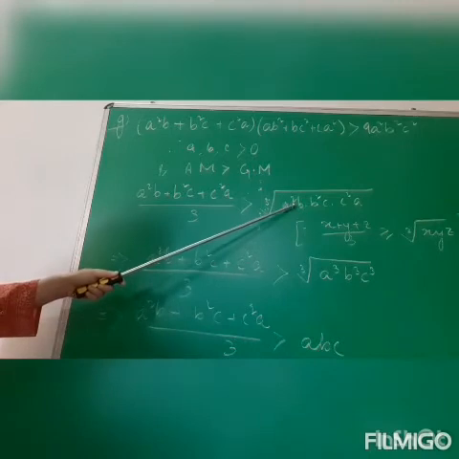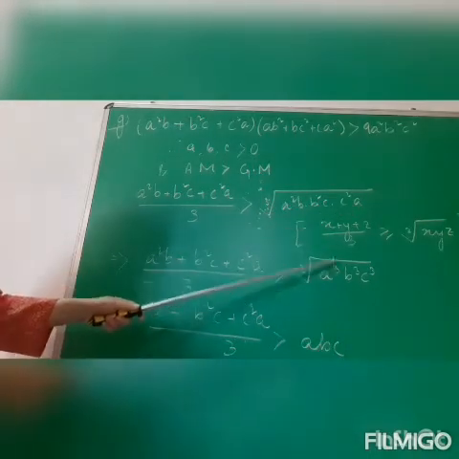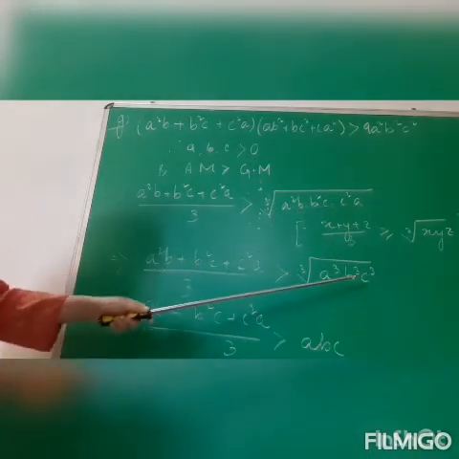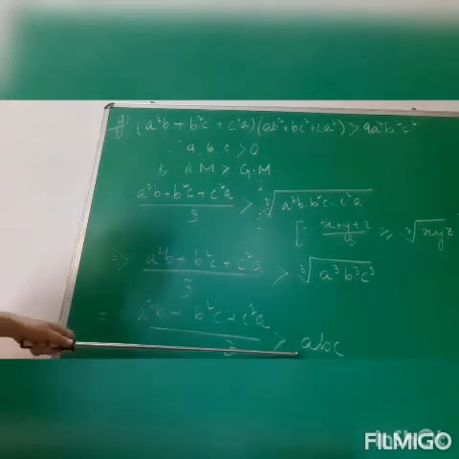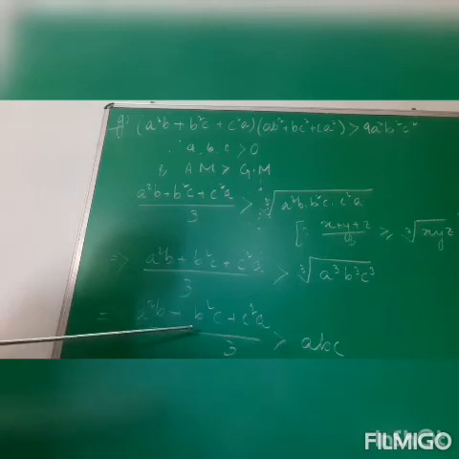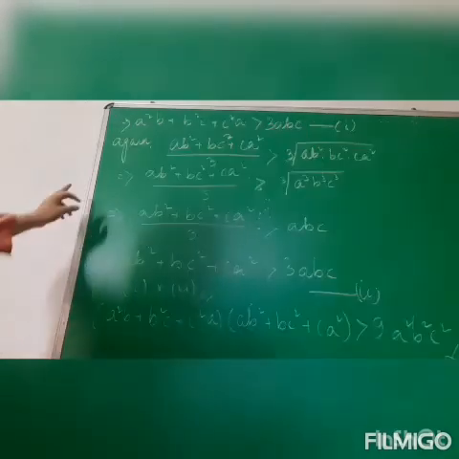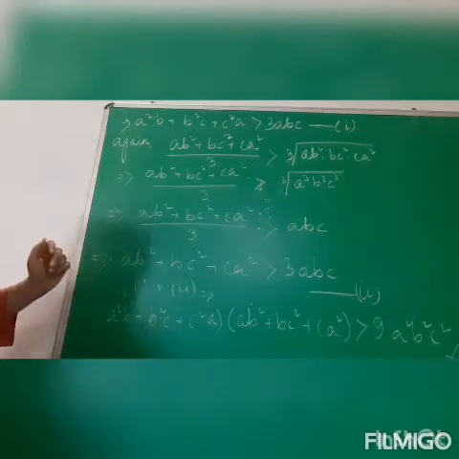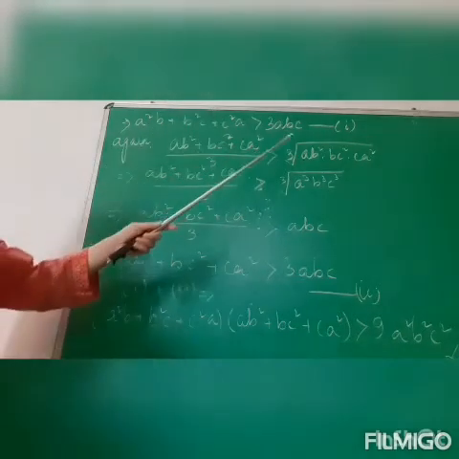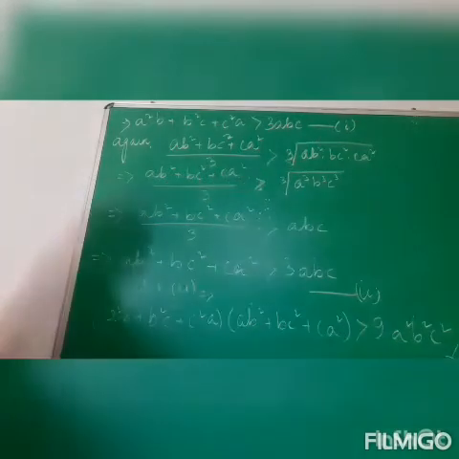Here I can write a² and a, so a³, b² and b, so b³, and c³. Now, if I take this cube root, then what will I get here? abc. So I get (a²b + b²c + c²a) divided by 3 is greater than abc, which implies that a²b + b²c + c²a is greater than 3abc. Now, keep this one as equation number 1.